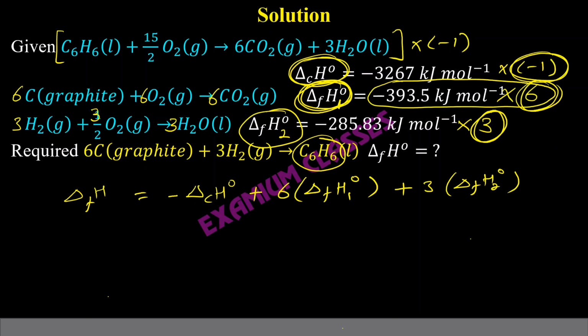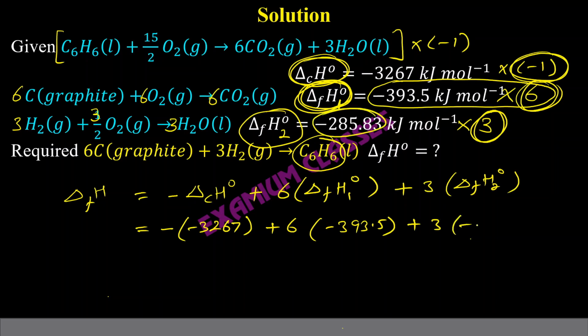Now substitute the values. When you substitute the value, minus, and delta CH is given as minus 3267. All are in kilojoules, so we don't need to change the units. Then plus 6 times delta FH1, which is minus 393.5 kilojoules per mole, plus 3 times delta FH2, which is minus 285.83 kilojoules per mole.